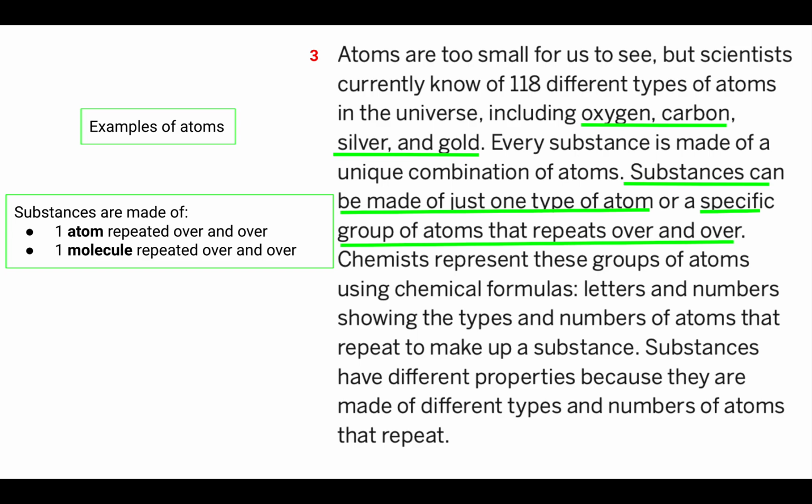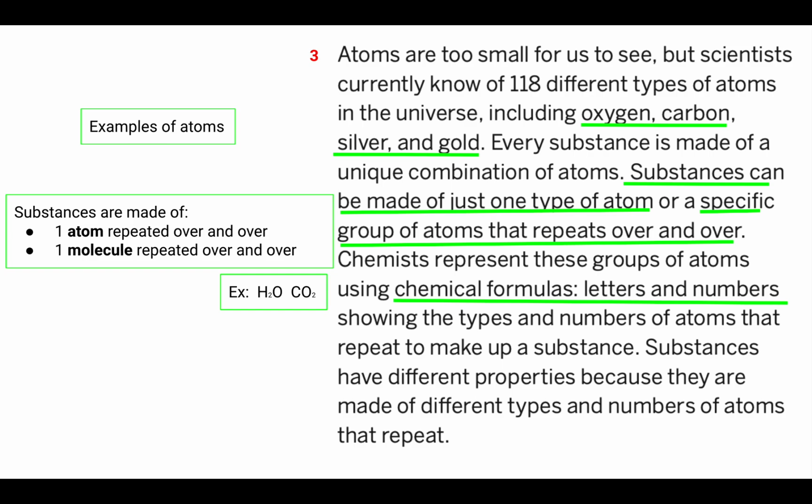Chemists represent these groups of atoms using chemical formulas, letters and numbers showing the types and numbers of atoms that repeat to make up a substance. The letters come from the element, so hydrogen and oxygen.